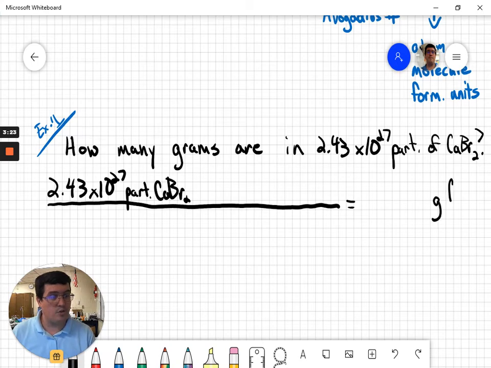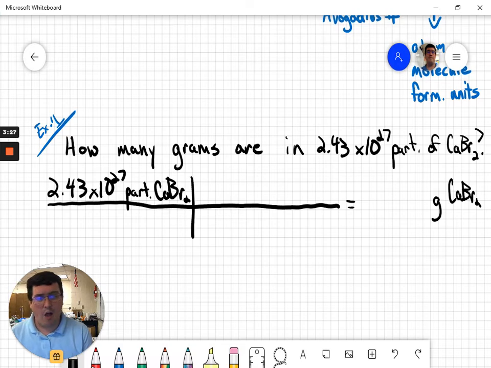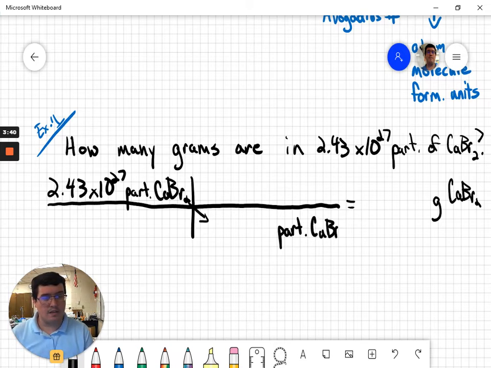All of these mole conversion problems are always going to be one step. We've got particles here, so we need particles down here. We're going to put particles on the bottom so we can cancel out the particles on the top. Does that make sense? Once we've got particles, what would we like to convert to? We'd like to convert to grams of calcium bromide.